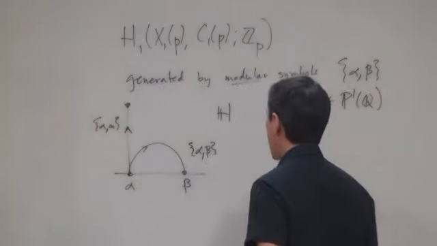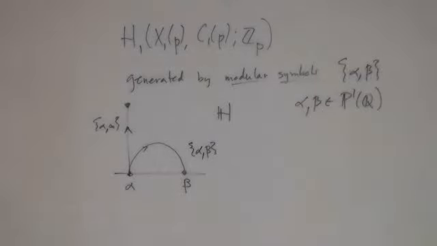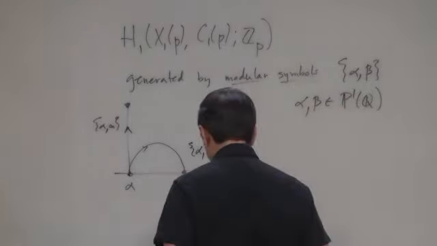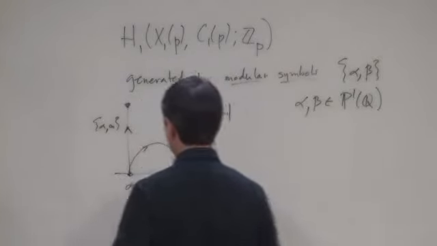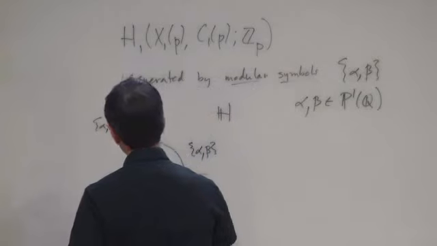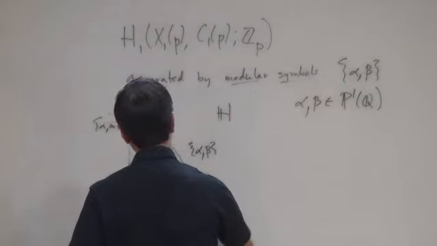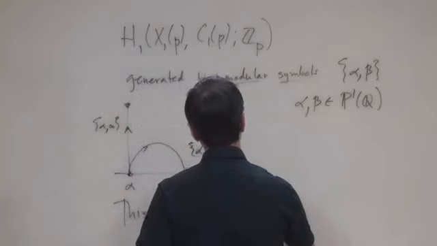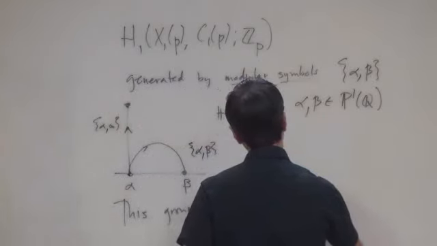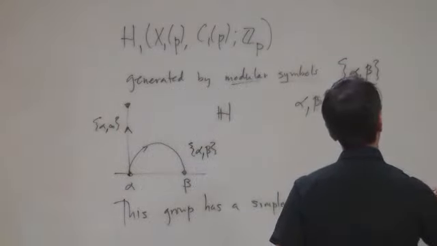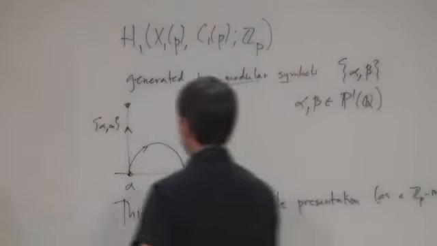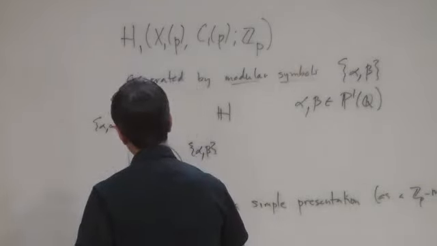Okay, so that gives you a set of generators for this group as a Z_p module. But there's a much simpler set of generators than this one, and a simple presentation of this group on these generators. So this group has a simple presentation as a Z_p module on generators.